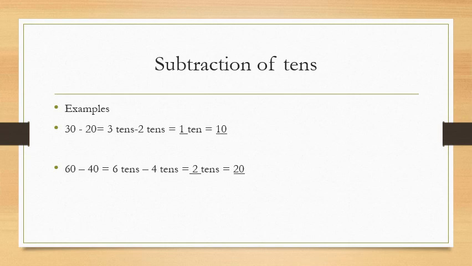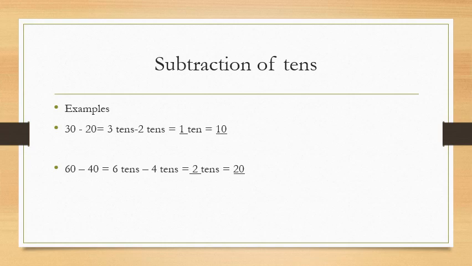So children, we can write 30 as 3 tens and 20 as 2 tens. So 3 tens minus 2 tens is equal to 1 ten. Children, now 1 ten is equal to 10. We can write it as 10.